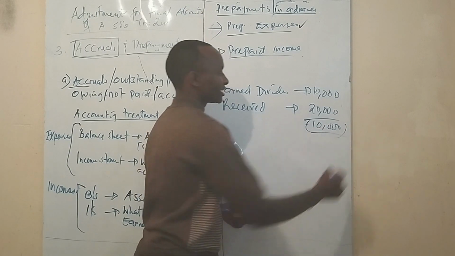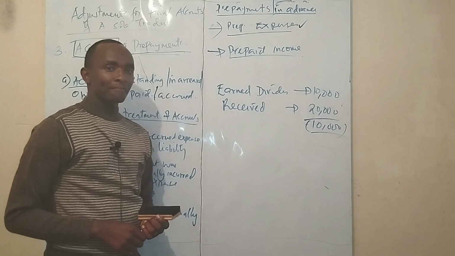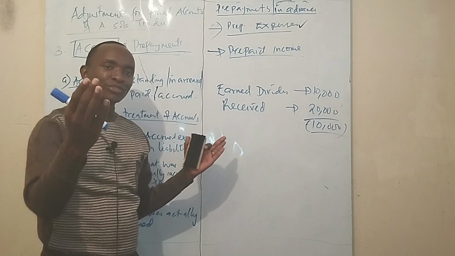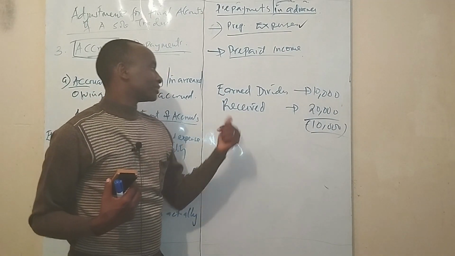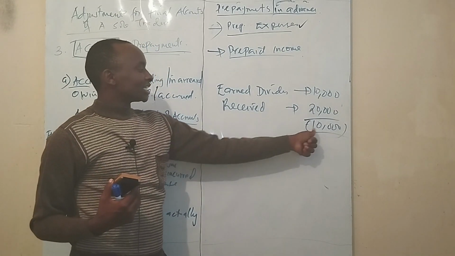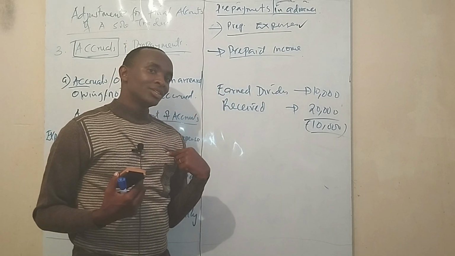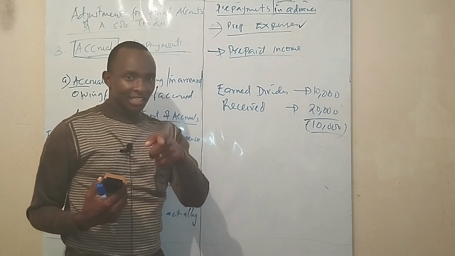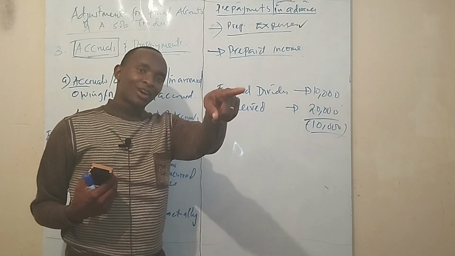Are you able to treat this one in the financial statements? Look at it this way. I was supposed to earn 10,000, but I was given 20,000. So the extra 10,000 is not my thing, it's not my money. So it's a liability. The circle can come for their money. In Kiswahili, this 10,000 sio kitu yangu, ni kitu ya sako.